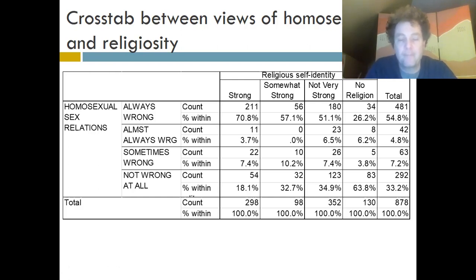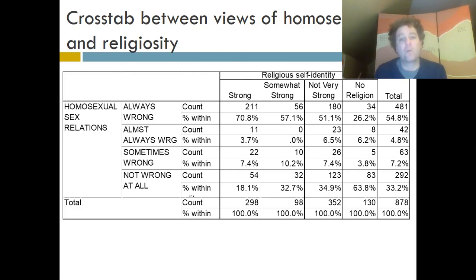So you have two measures here: one measure of views of homosexuality and one measure of religious self-identity. Now what we want to do is see how those two measures are connected.